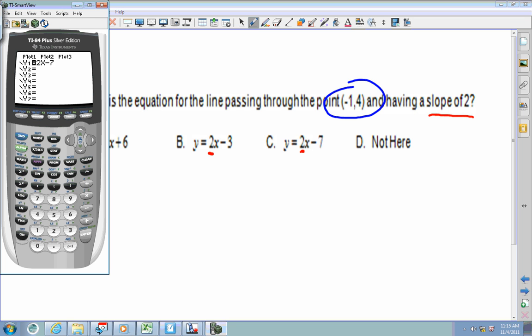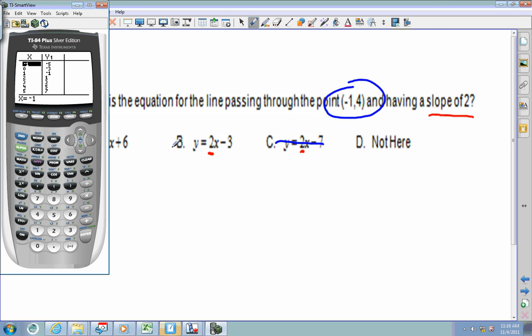So if I go in there, I go to y equals, oh no, I don't go to y equals, I go to second graph, and I look and see for -1, 4. No, it says -1, -9. So it's not C. Let's try 2x minus 3. And I press second graph. Well, let's see, -1, -4.